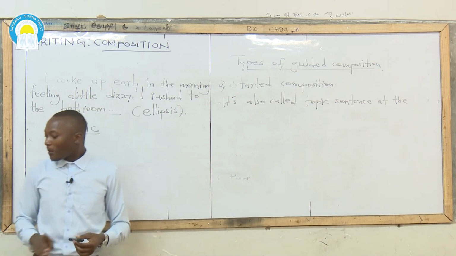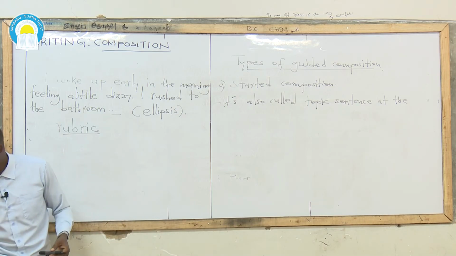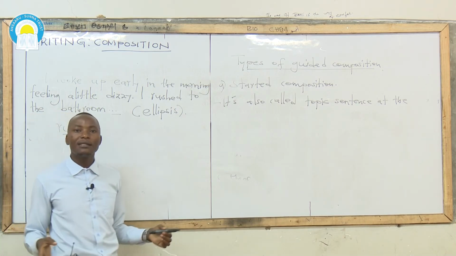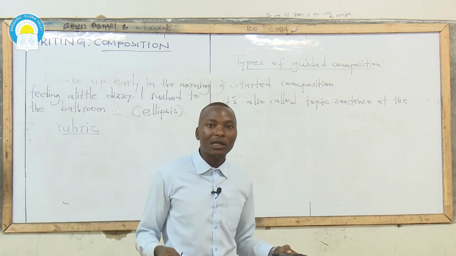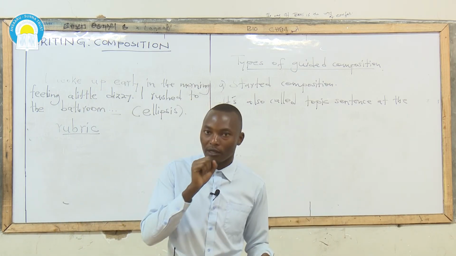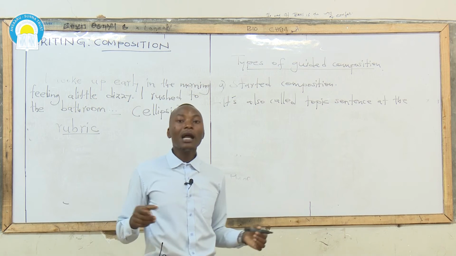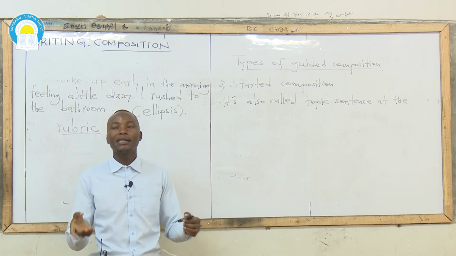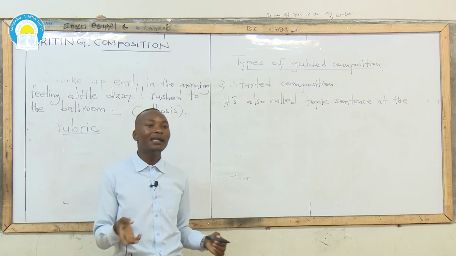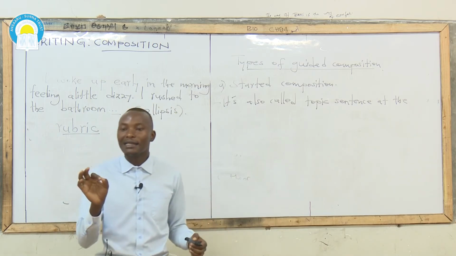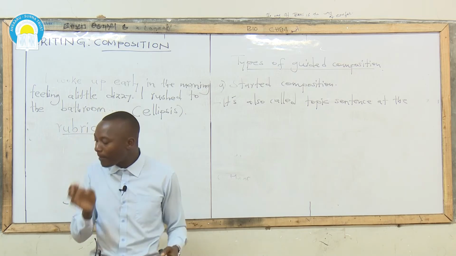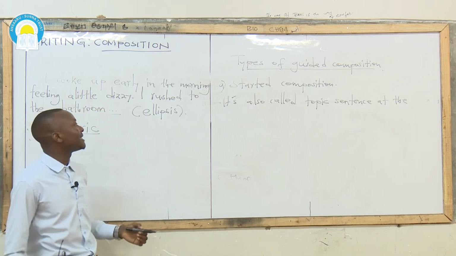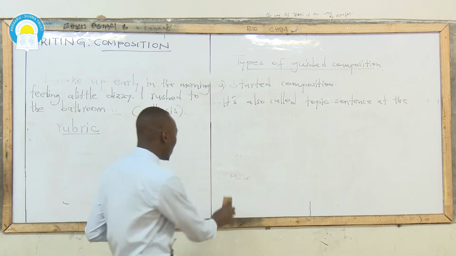Now, we as teachers of English found out that our students find it so hard to tackle this kind of composition. And therefore, we came up with the simplest way of assisting our students, most of the standard 8 candidates, to tackle the started composition. We came up with an acronym called CAPTET.